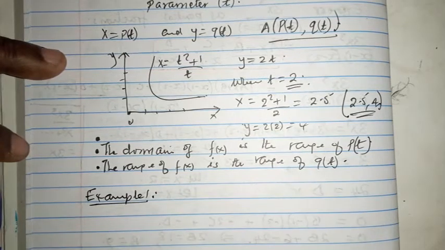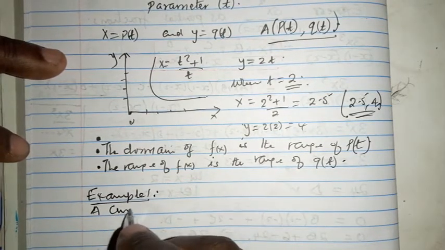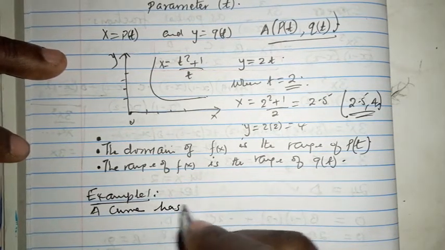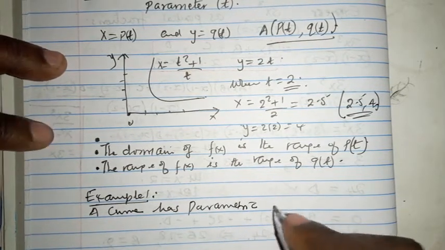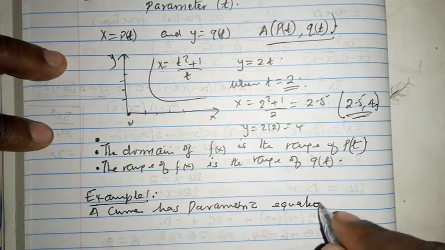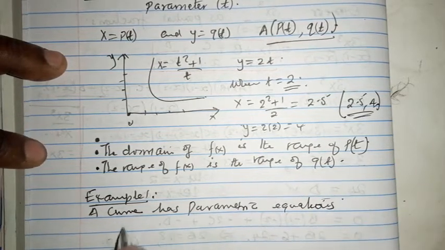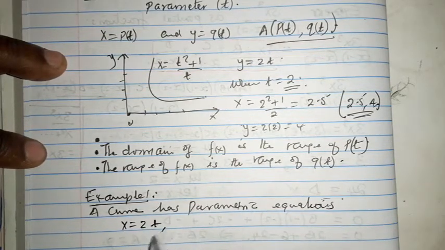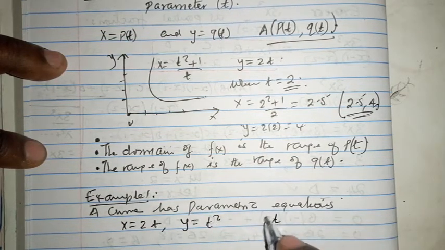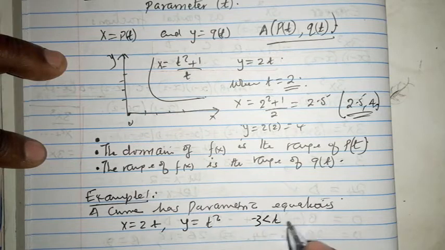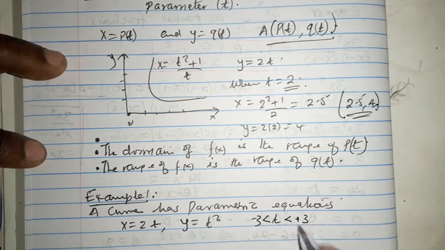We are told that a curve has parametric equations x is equal to 2t, y is equal to t squared, and the range of t is between -3 and +3.